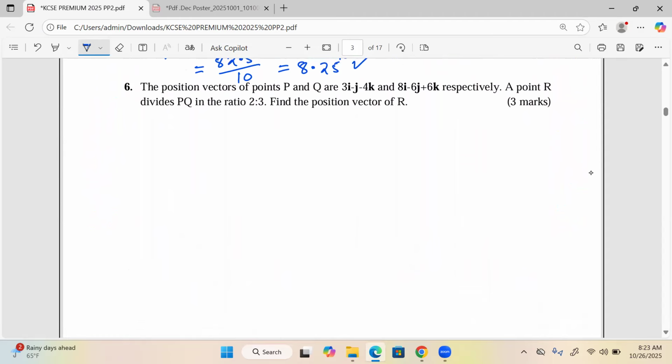This is internal division. Proportional divisions of lines, we have what we call internal division. Like in our case here, if we have P here, then we shall have our point R, which divides P, then Q comes here, like that.